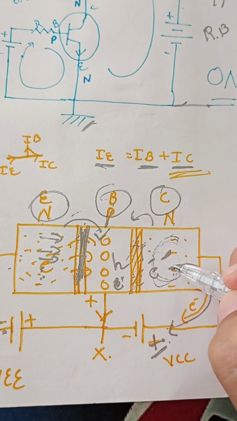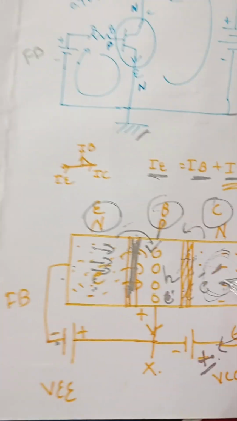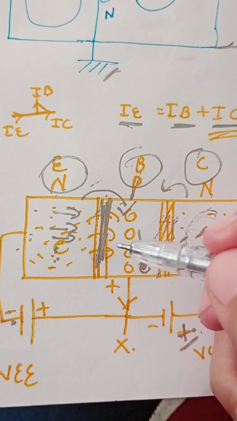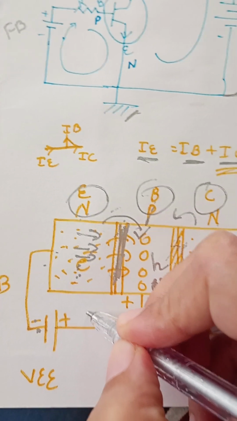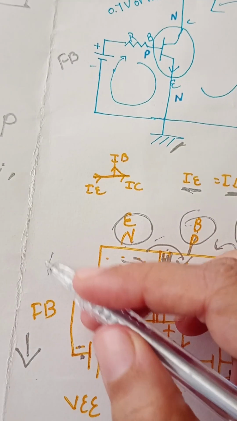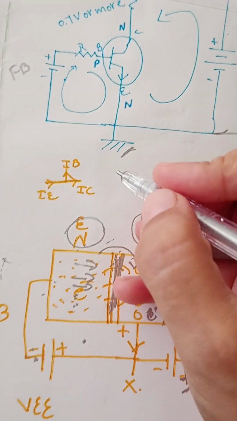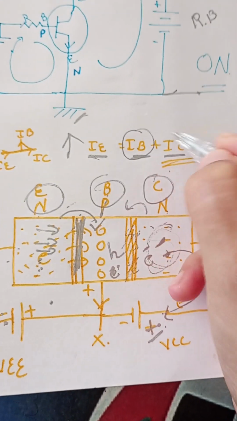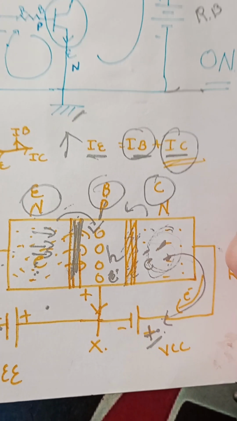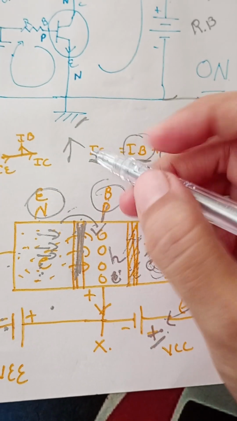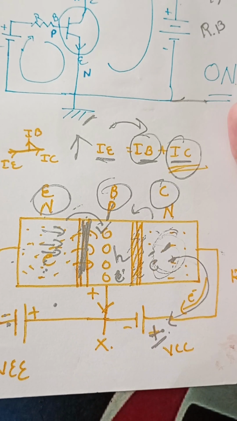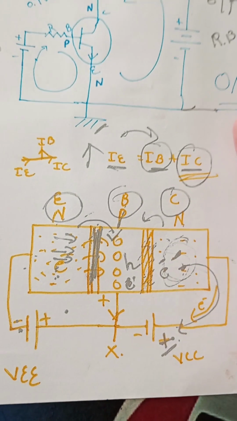Of course this is the reverse bias, and current cannot flow by reverse bias. If you lower the current, the depletion region is not going to break down, it is blocked, and then it works as a switch. And if you increase the current, the base and collector charges are also going to increase. It is directly proportional, so if it increases, it can work as an amplifier.